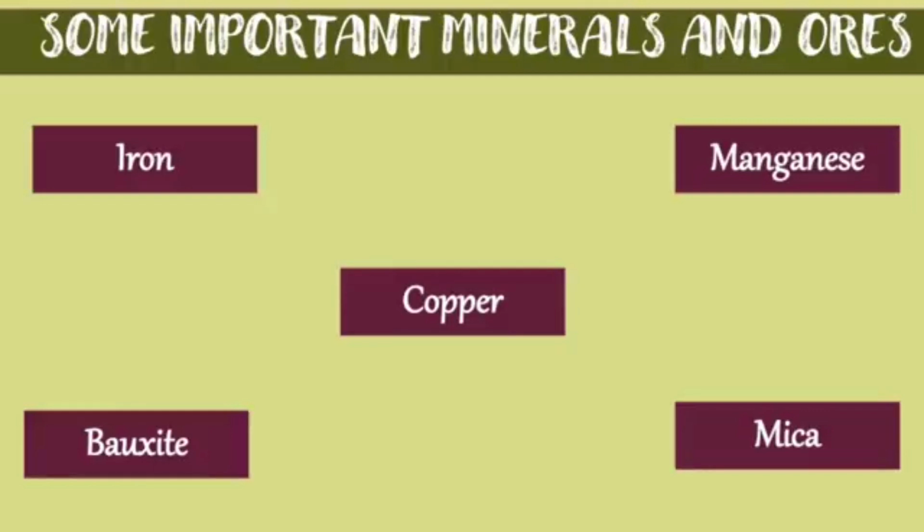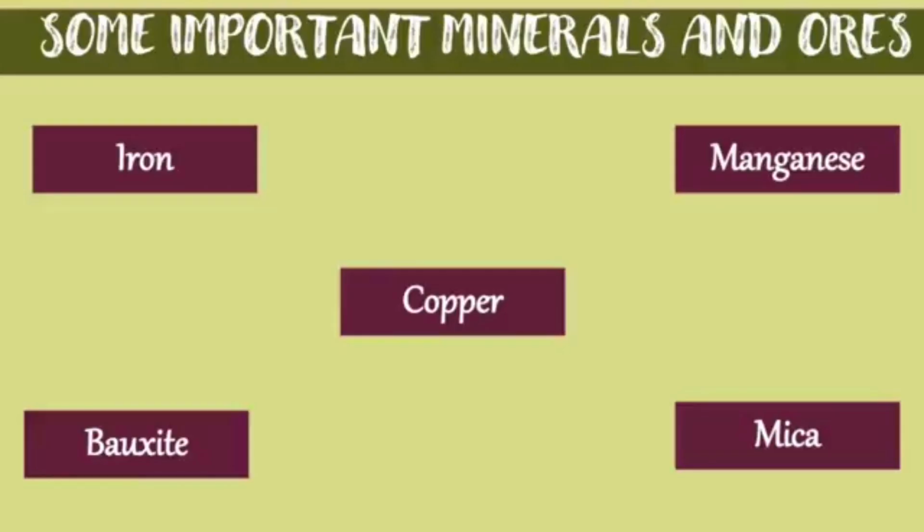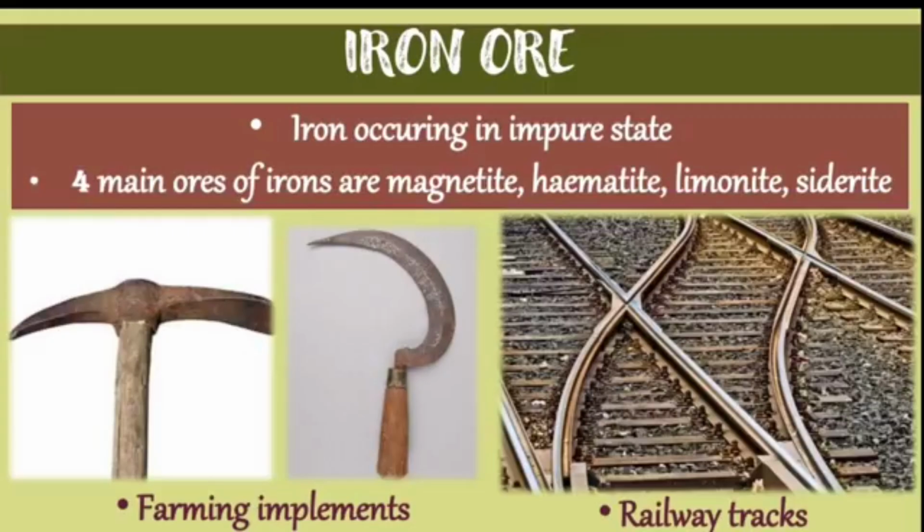You all can see the type of minerals that are mentioned here. Which are they? Iron, bauxite, copper, manganese, mica. So the minerals that are found in nature are very important to us because we make useful things from them.